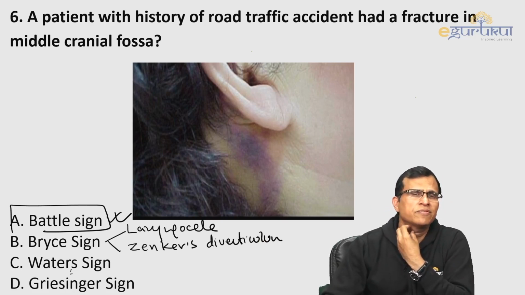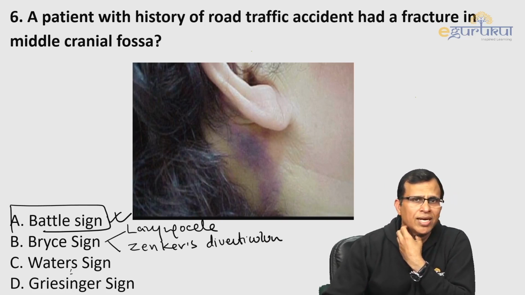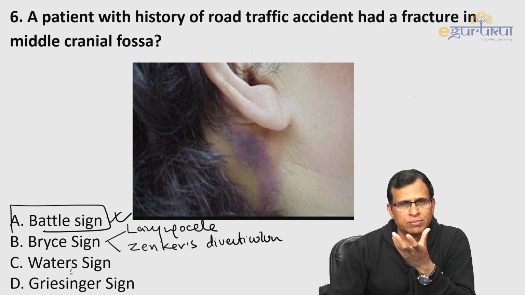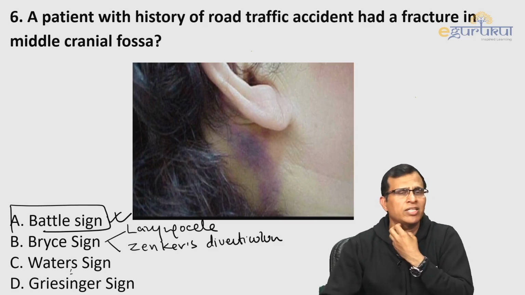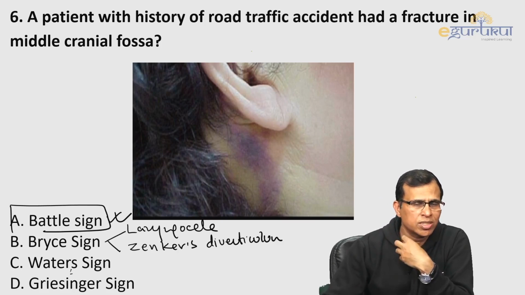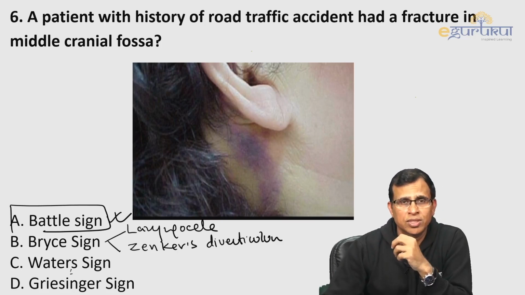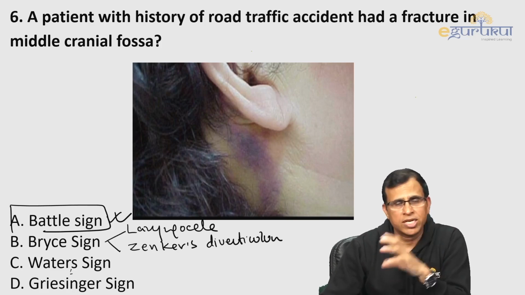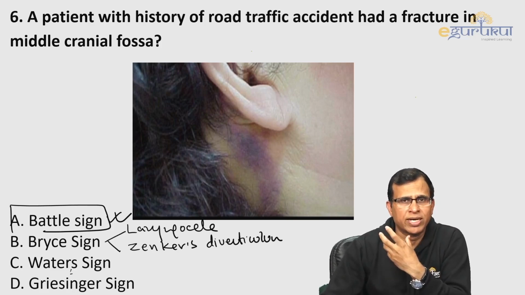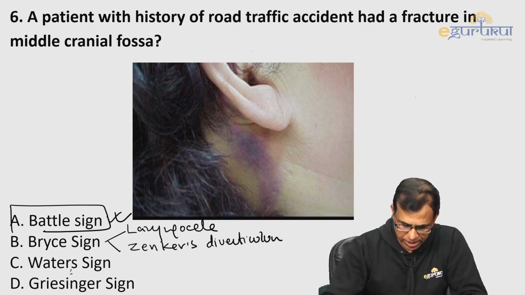In laryngocele it is in the front, in Zenker's it is a little behind, but both are swellings and they are filled with fluid or sometimes food also. So when you shake this swelling, the collection, the water inside moves and that produces a gurgling sound or water movement sound. This is called Bayer's sign, seen in laryngocele as well as Zenker's diverticulum. Nothing to do with battle sign.